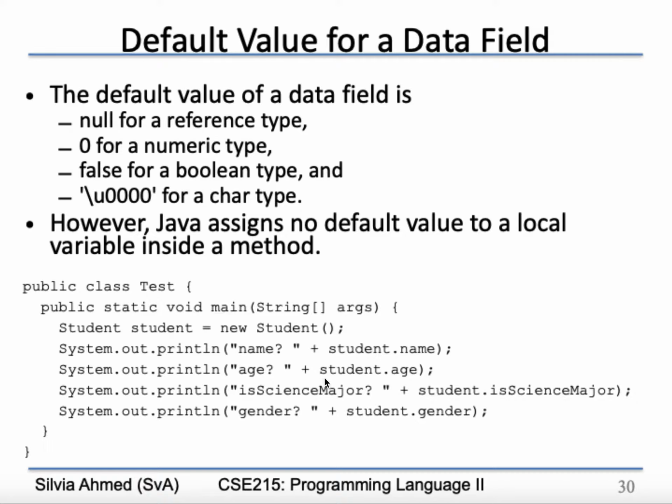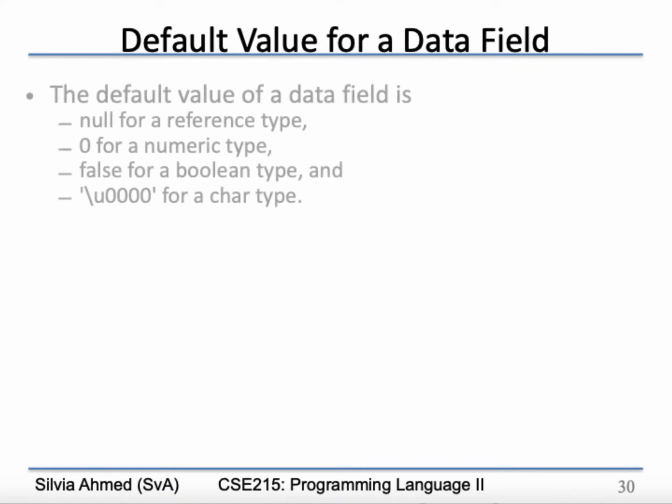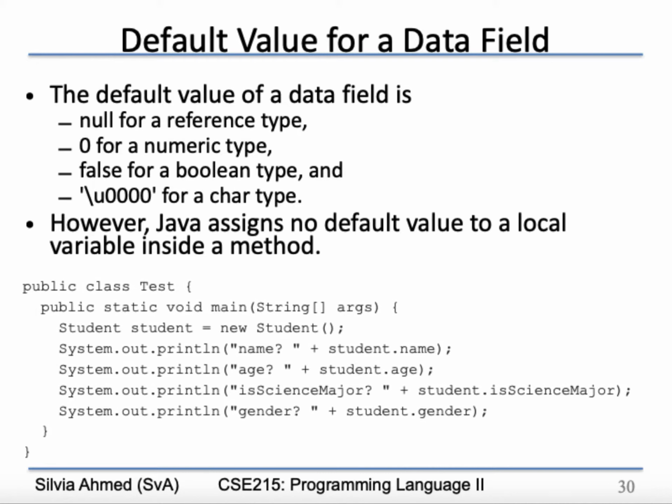Then age, student dot age, since age was an integer parameter, it will print 0. Then is science major, student dot is science major, the default will be printed false. And gender, student dot gender, the default will be printed as the null character. Again, the null character is simply an empty space. We will see nothing on our screen.